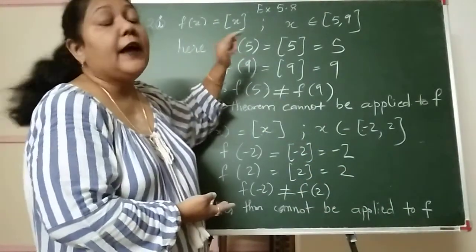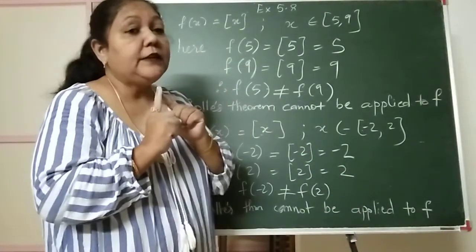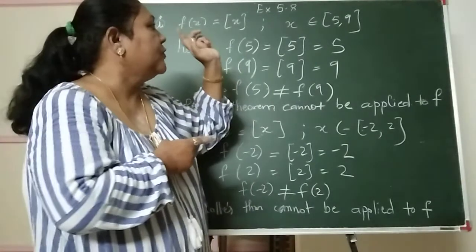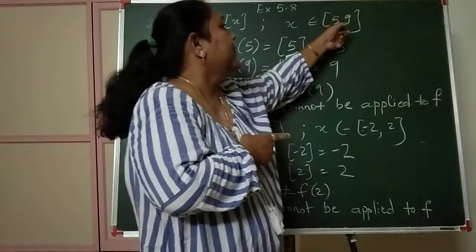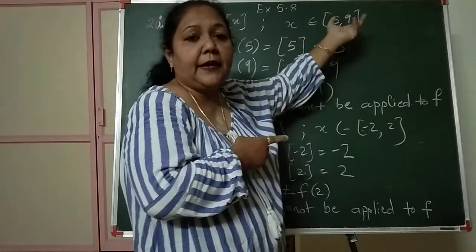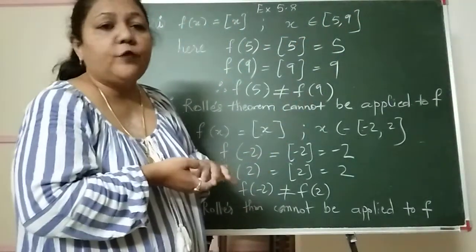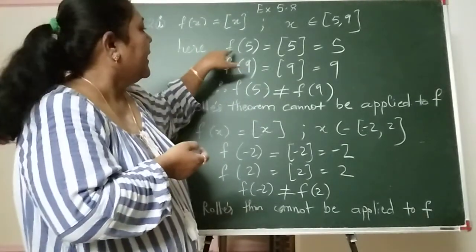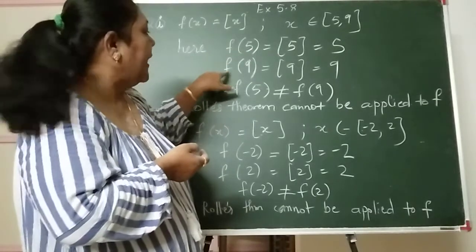So over here, my one condition was continuous and differentiable. It is not going to be continuous directly from 5 to 9, and neither is it going to be differentiable. But one easy point is, I find f of a and f of b.